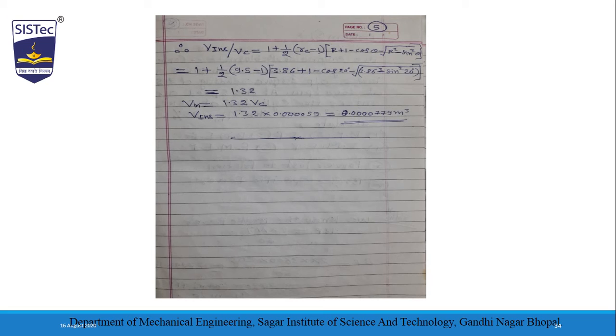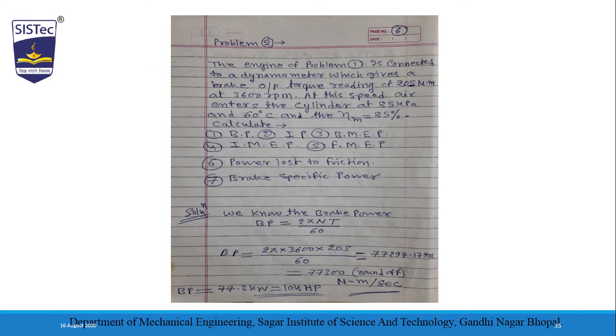Now shall we go for the next problem, that is problem 2. In continuation with problem 1, a dynamometer is connected which gives a brake output torque reading of 205 Newton meter at 3600 rpm. At this speed, air enters the cylinder at 85 kilopascal pressure and 60 degrees Celsius temperature.